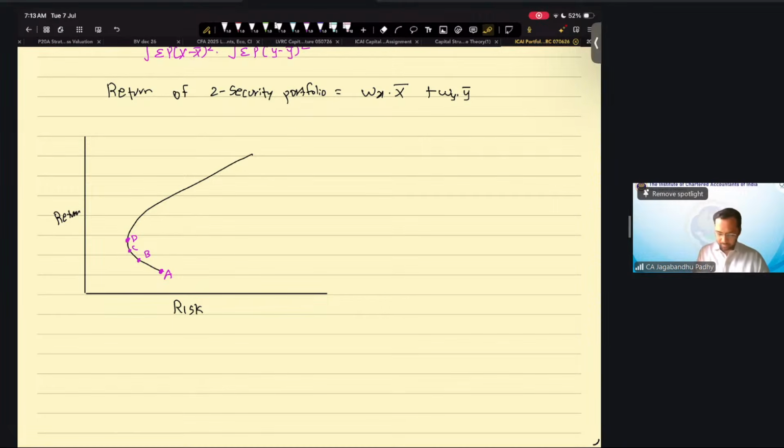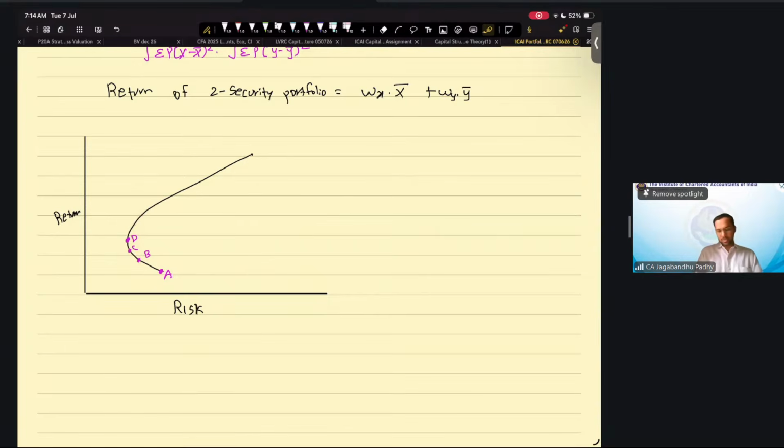If the person sitting at portfolio A wants this level of risk, why should he accept a lower return when he can get a higher return? This guy A is definitely going to shift to the upper part of the curve. In the same way B will shift upwards, and C will shift upwards.